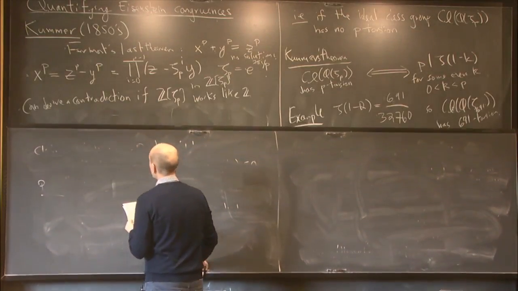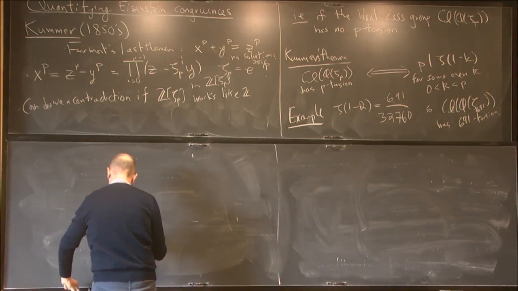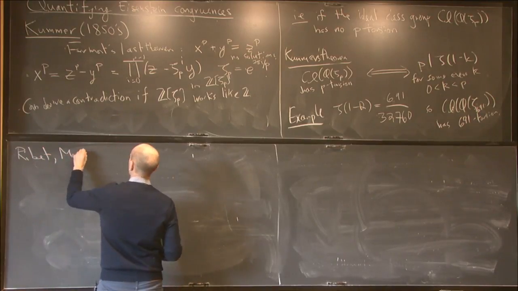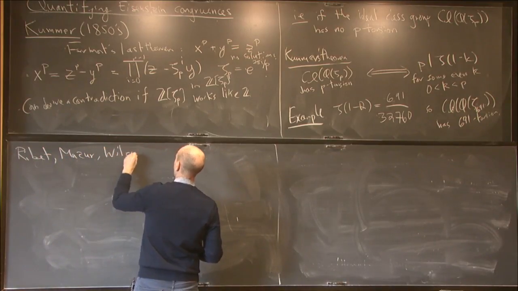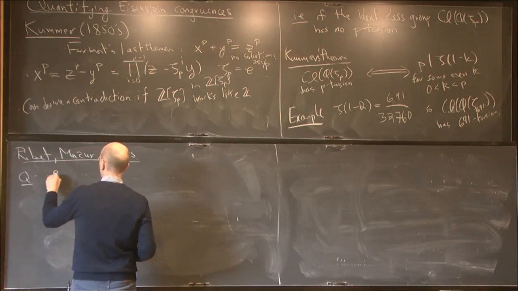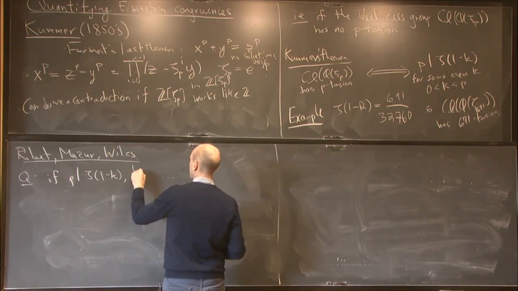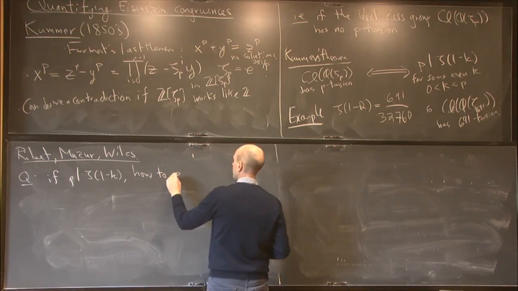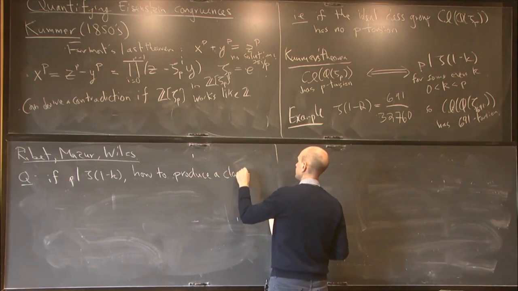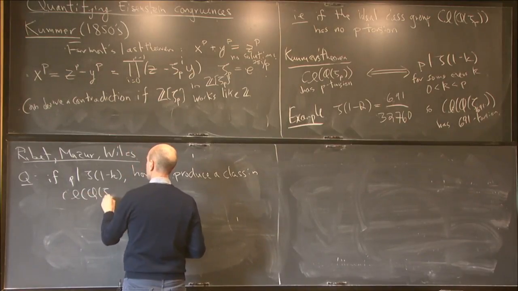Okay. So the next people in our story are Ribet, Mazur, Wiles. So they were trying to answer the following question, which is: if p does divide this zeta of 1 minus k, how can I produce a class in this p torsion class?